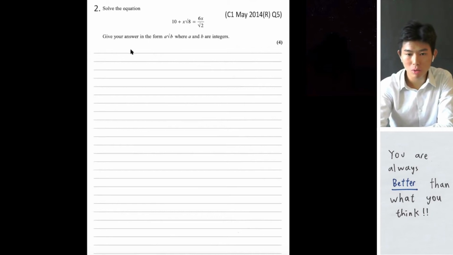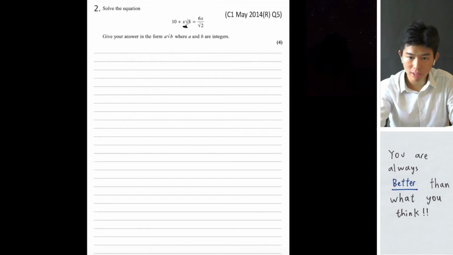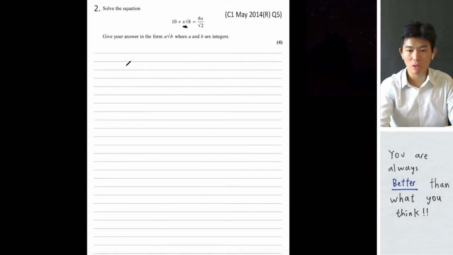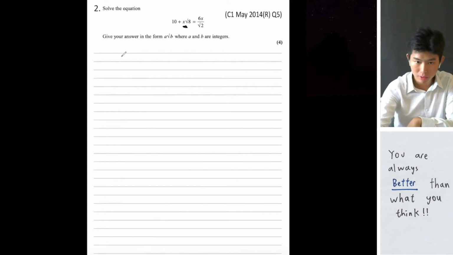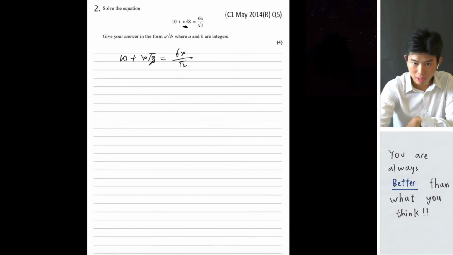Okay, let's move on to the next question. In this question, they want us to find the answer x in the form of a root b. First, we know 10 plus x root 8 equals 6x over root 2. The next step is to separate root 8 into root 2 times root 4. So 10 plus x root 2 times root 4 equals 6x over root 2. Root 4 is 2, so 10 plus 2 root 2 x equals 6 root 2 x over root 2 times root 2, which is 2.